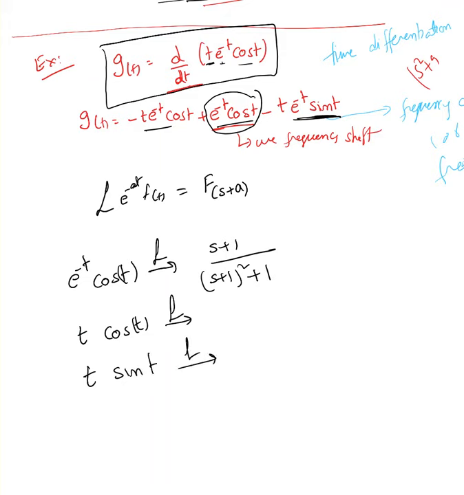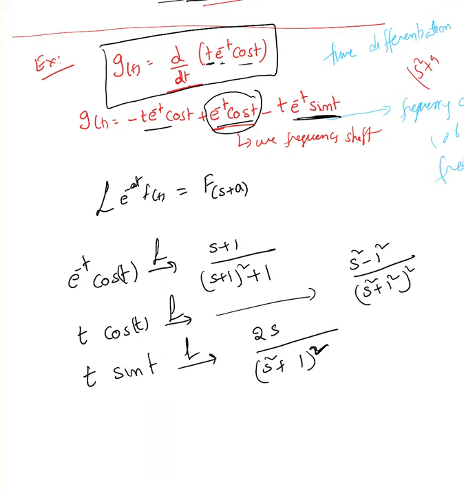Okay, t times sine t, the Laplace transformation is nothing but 2s over s square plus a square, a is 1, whole square. And the Laplace transformation of t times cos at is s square minus 1 square divided by s square plus 1 square whole square.